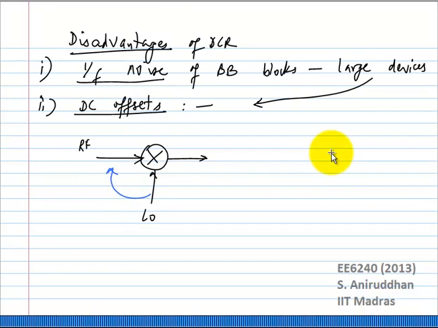So if you actually have feed through from the LO port to the RF port, you will end up getting a DC offset. Okay, this is called LO self-mixing. So this is obviously another problem. So I'll call it number 3.